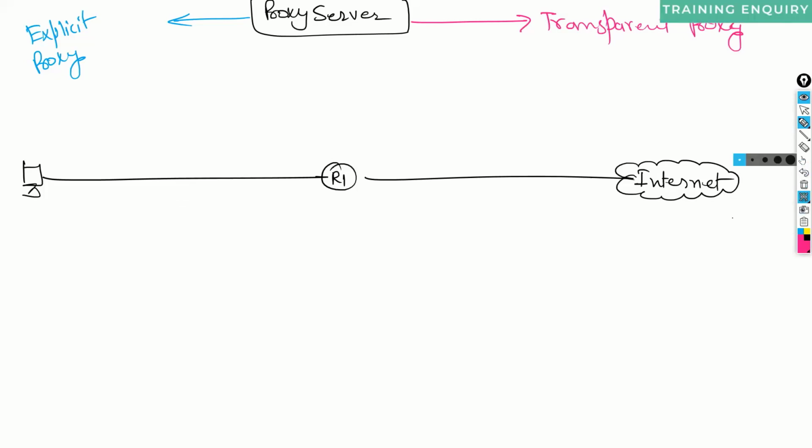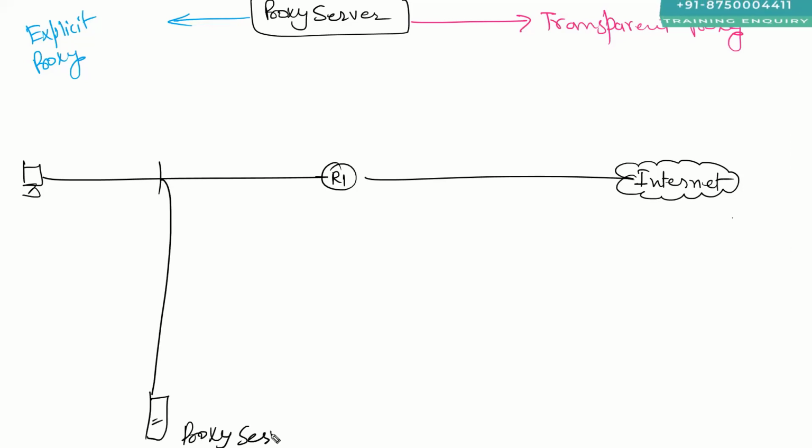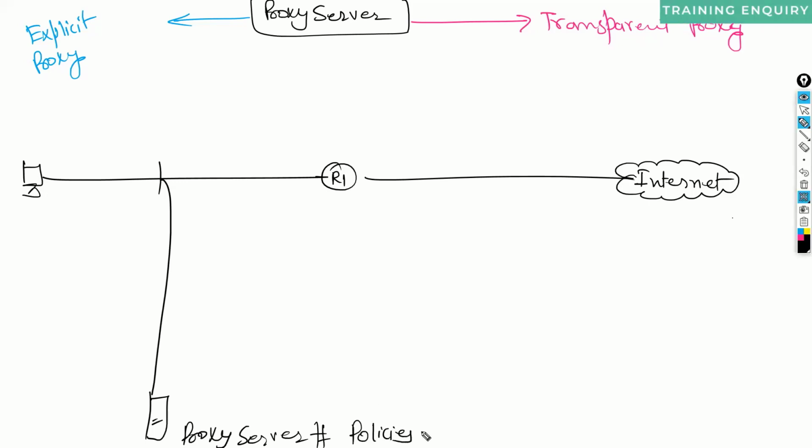So we have a switch in our network as well, and with that switch we will deploy the proxy server. At this proxy server we will define policies, and those policies say that if anyone wants to access Google, allow.